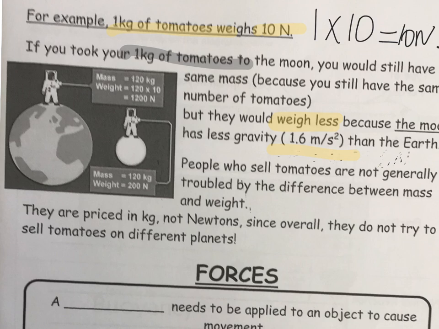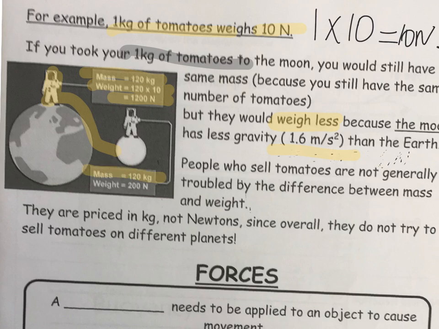Now, if you take a look at the wee caption here, if you have an astronaut and he has a mass of 120 kilograms, on Earth, his total weight would be 120 kilograms multiplied by the force of gravity, which is 10 on Earth, and his weight then is 1200 newtons. If that same astronaut was to travel to the moon, his mass is still the same.